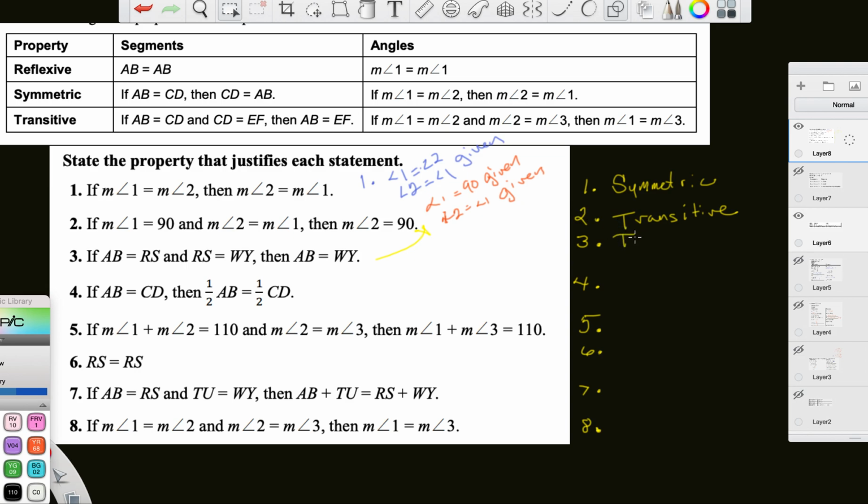It too is transitive. Number 3 is kind of fun. All we did was multiply by a half, right? So AB is equal to CD. Then half AB is equal to half CD. We really are looking at reflexive.